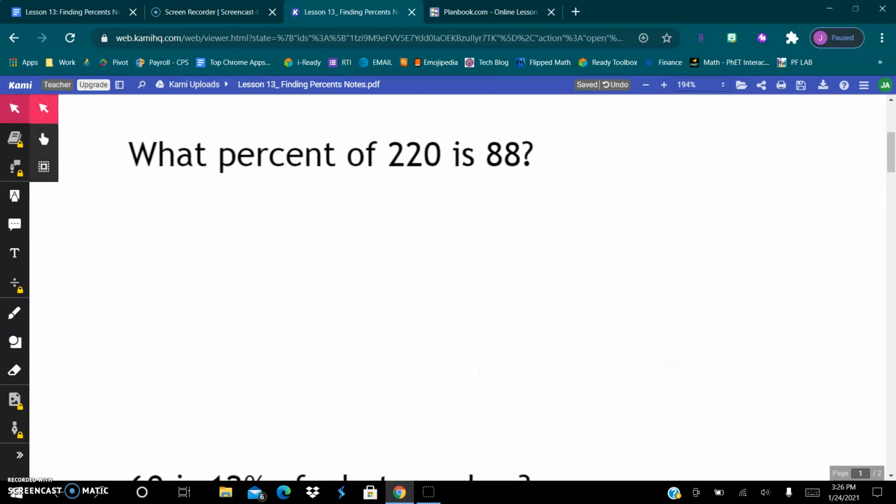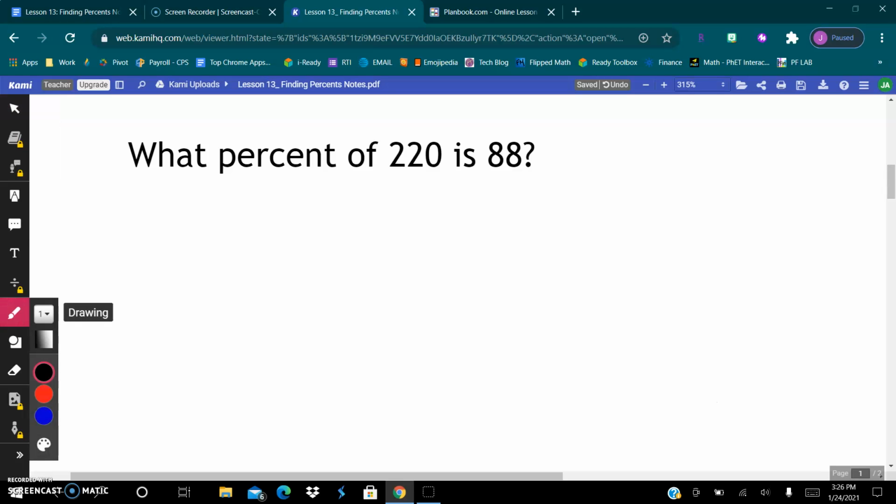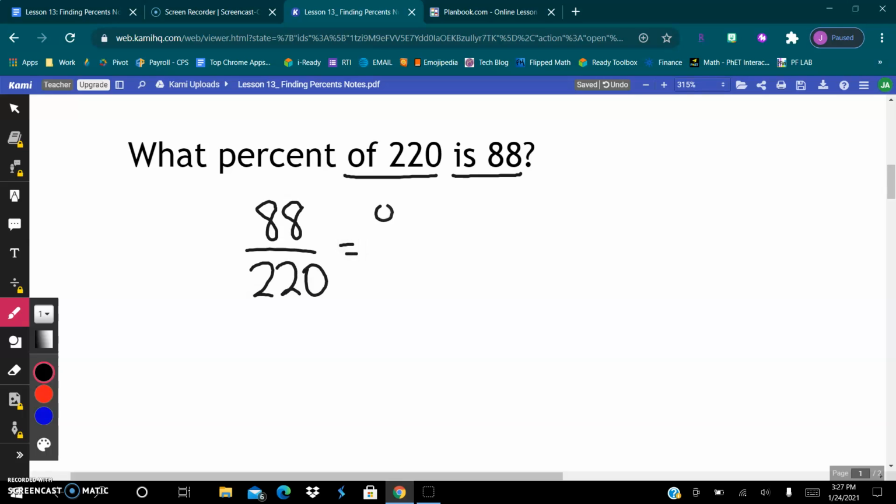All right, so for this next one, it says what percent of 220 is 88? So is 88, of 220. So is over of equals percent over 100. So again, cross multiply the two numbers across from each other.